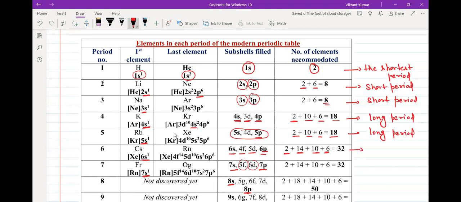These two are called the longest periods. And I'm talking about only the periods which have been discovered yet. Okay. Any doubt up to this point?